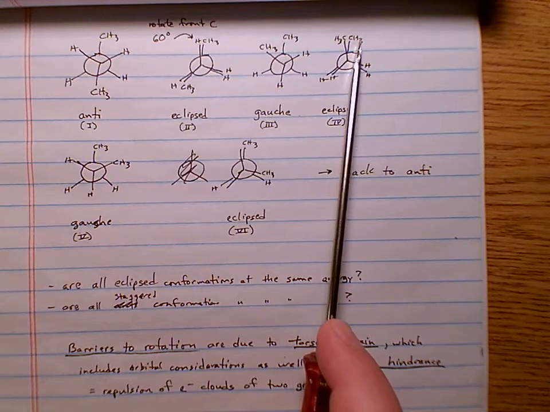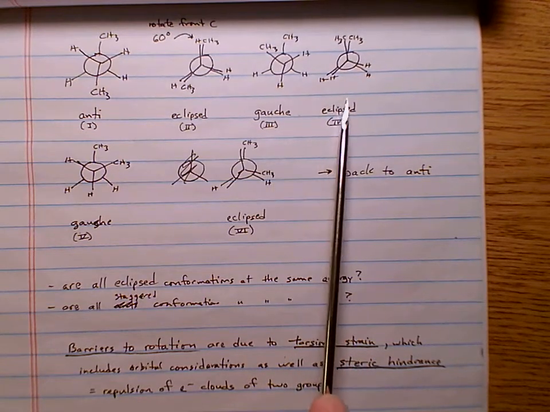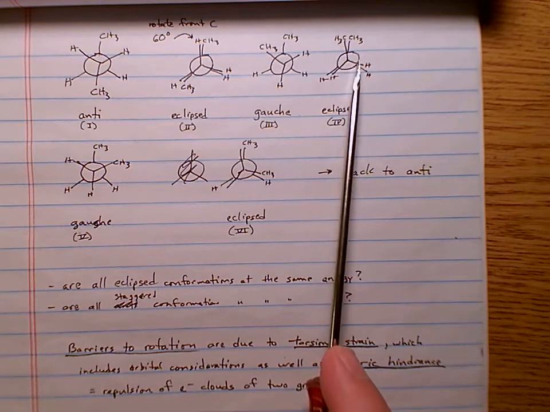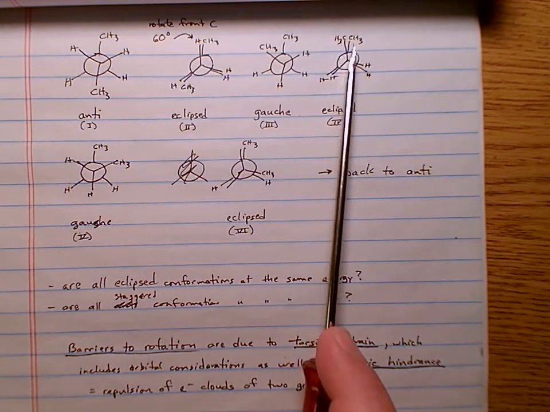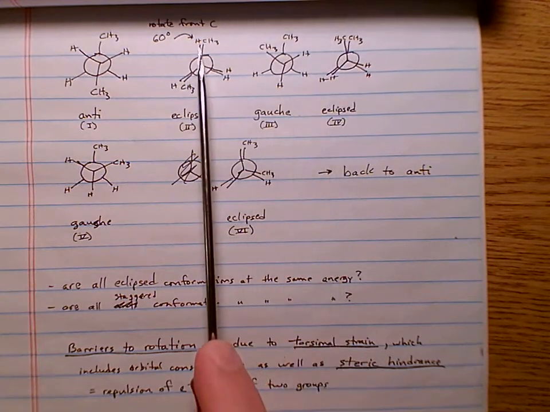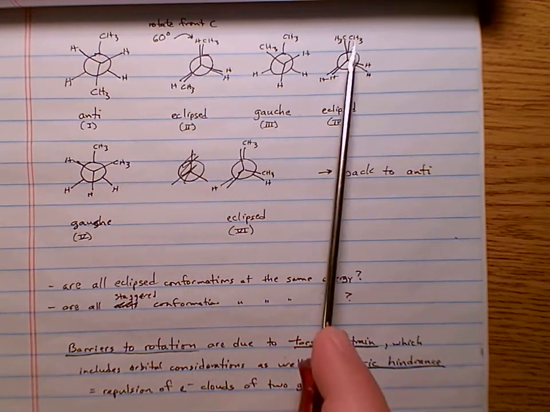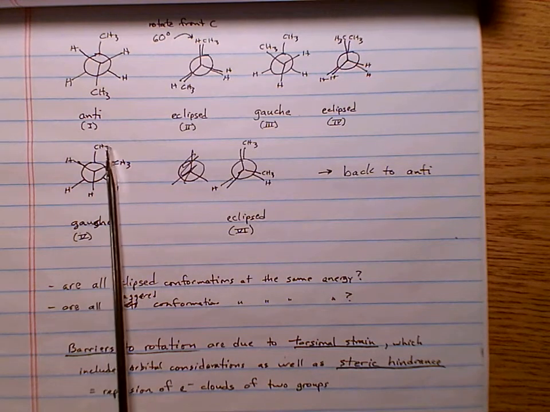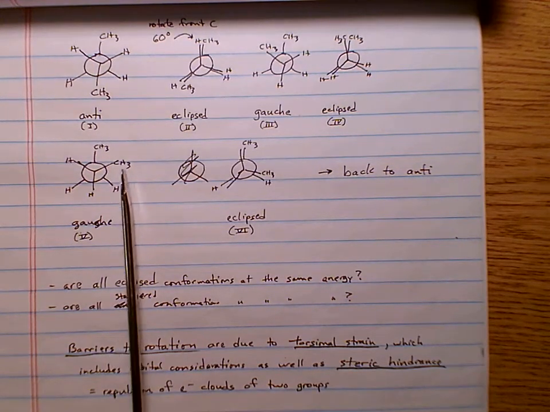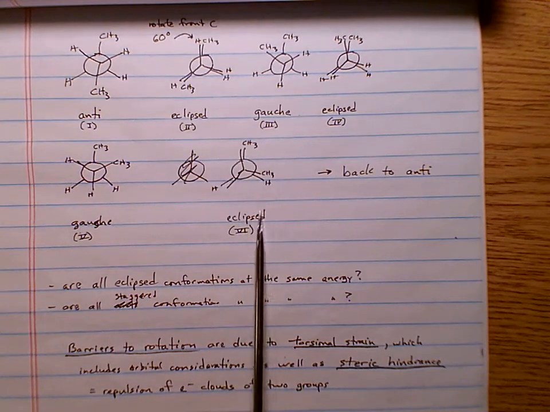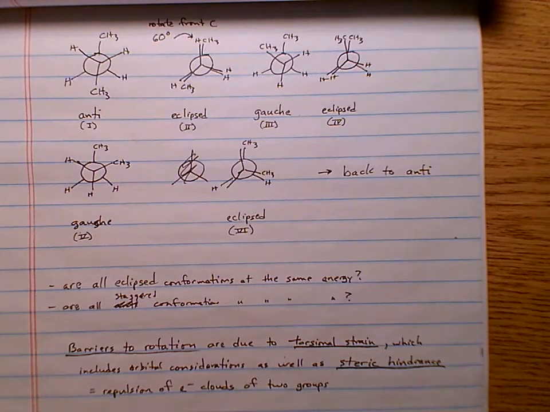Another 60-degree rotation, and the two methyl groups are eclipsing each other, and we call this another eclipsed conformation, but note here we have the two methyl groups eclipsing each other, whereas here it was a methyl and a hydrogen eclipsing each other. Another 60-degree rotation, the top methyl is to the right, we're back to the gauche. And another 60-degree rotation, we're eclipsing again, and if we did one more time, we'd be back to anti.